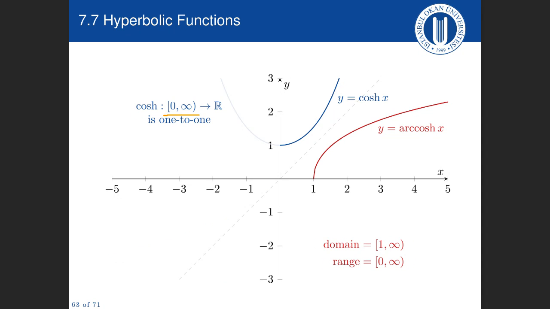Arccosh has domain the closed interval from 1 to infinity and range the closed interval from 0 to infinity. Because the domain of arccosh is the same as the range of cosh, and the range of arccosh is the same as the domain of cosh. When we do an inverse of a function, we swap the range and the domain.